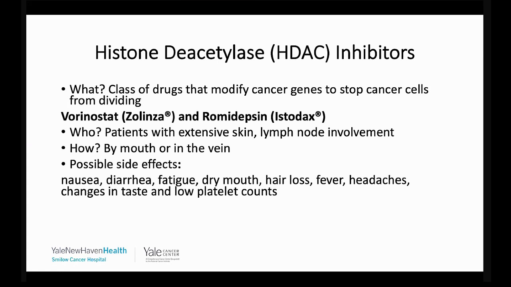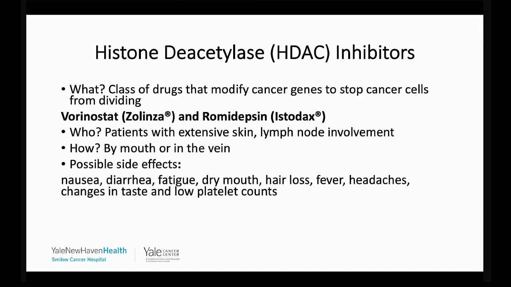HDAC inhibitors, or histone deacetylase inhibitors, are a class of drugs that modify cancer genes to stop cancer cells from dividing. And the two that are used for CTCL are vorinostat and romidepsin. There is another one called belinostat that is also used that I have not listed here. Romidepsin and belinostat are used intravenously, whereas vorinostat is given in pill form.